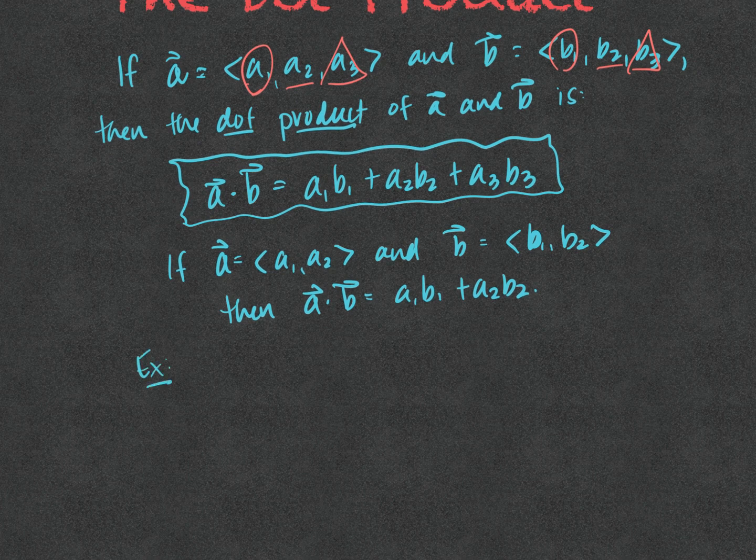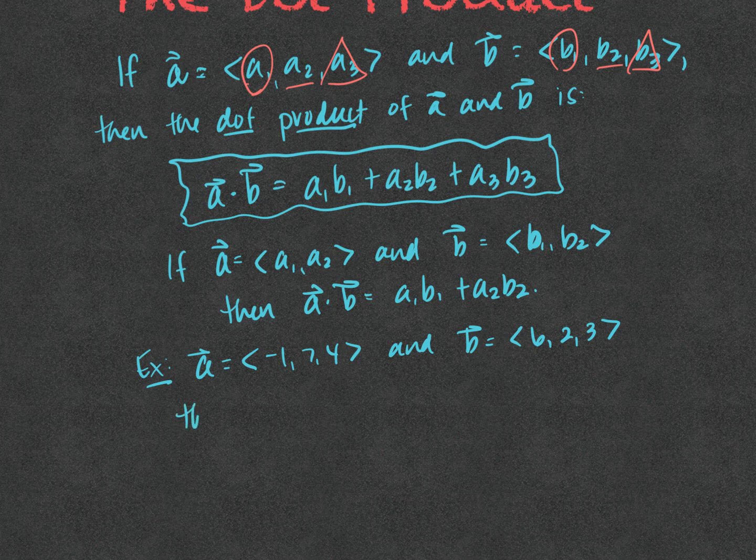Let vector A equal -1, 7, 4, and vector B be 6, 2, 3.